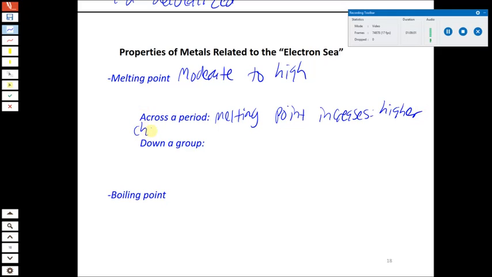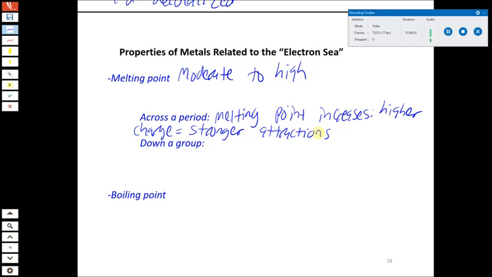So you have higher charge or more delocalized electrons, which causes stronger interactions between those metal atoms and holds them together more tightly. Remember, to melt a substance, we're going from solid to liquid, so we have to disrupt at least some of those metallic bonds to take the structure from the solid and melt it into a liquid.